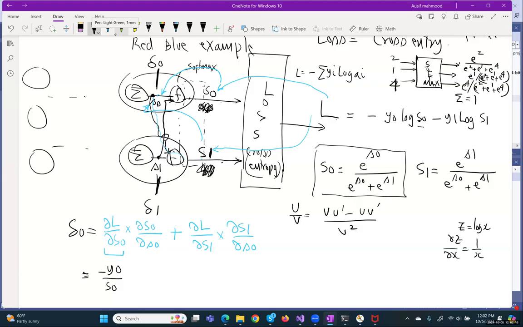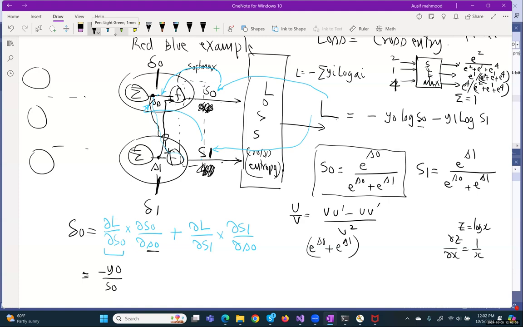So let's do this. What is V in our example? V is the bottom part, E raised power S0 plus E raised power S1. U prime, okay? U prime is the top part.